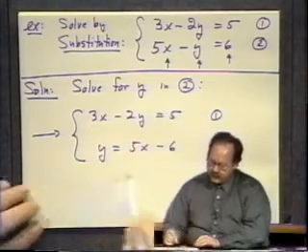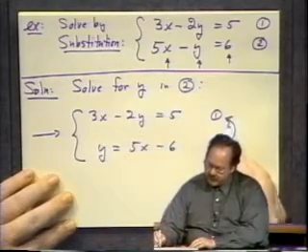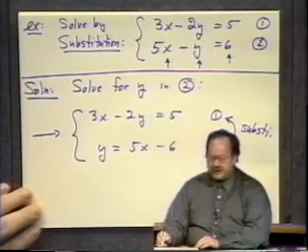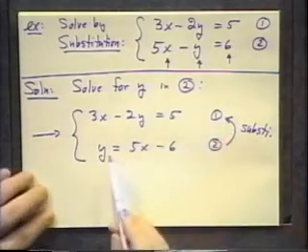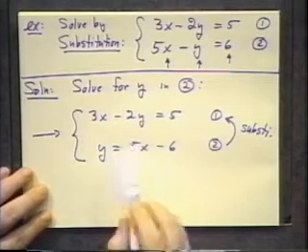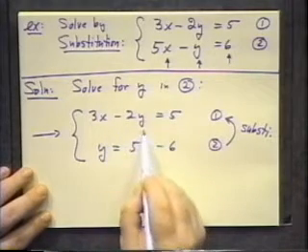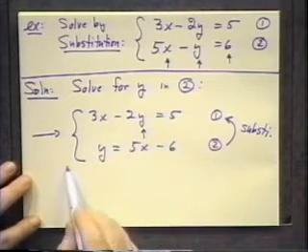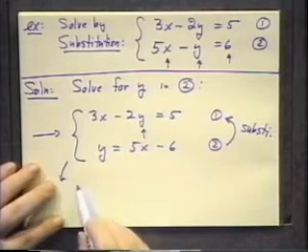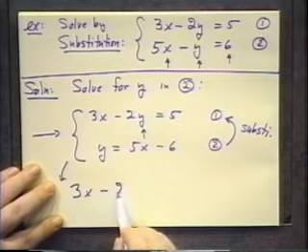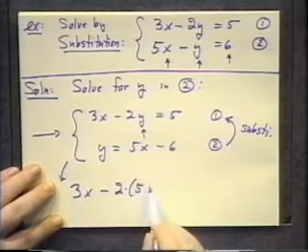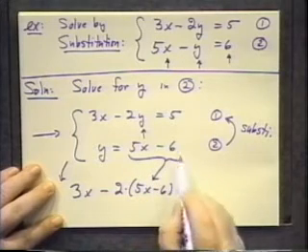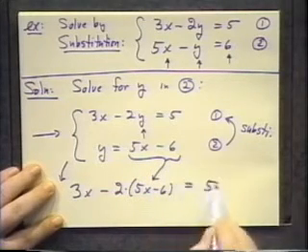Then what I'm going to do is substitute 2 into 1, because y now is this expression, and I'm going to substitute this value into that y. So if I do that, what I have is 3x minus 2 times (5x minus 6), here's that y being substituted in there, equals 5.